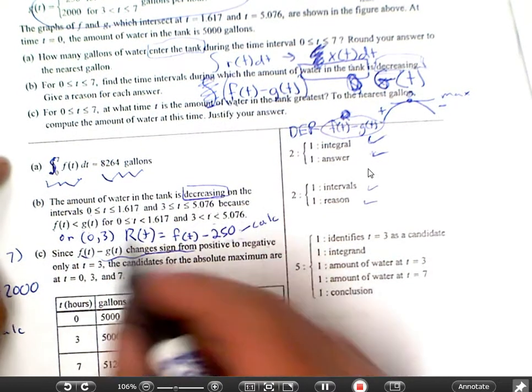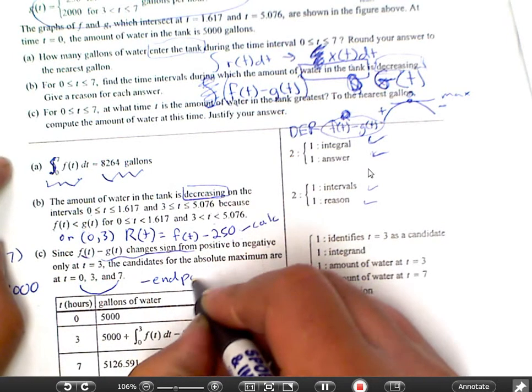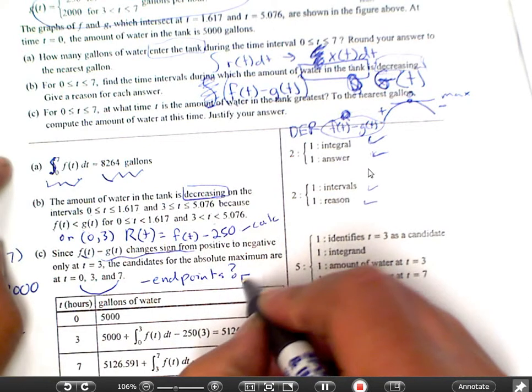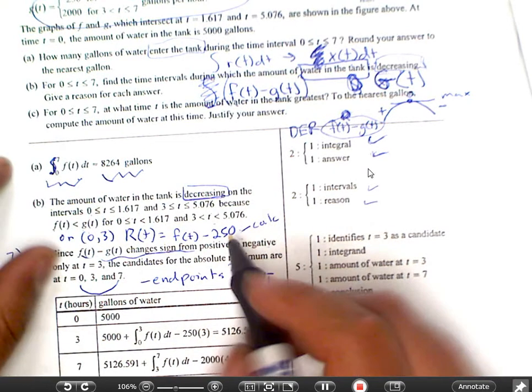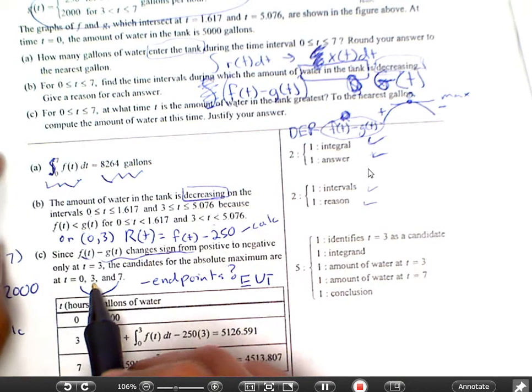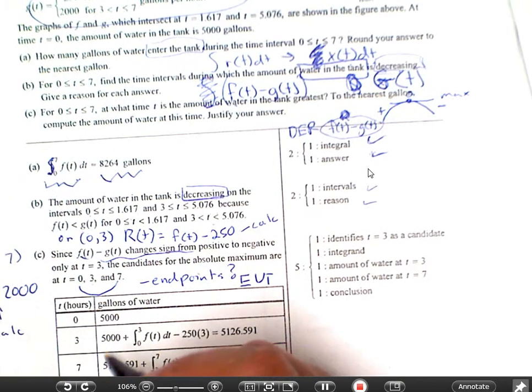Why 0 and 7? Why the endpoints? Well, remember when we learned the EVT, the extreme value theorem, candidates for absolute maxima or minima are the critical points and the endpoints. So we plug them in.